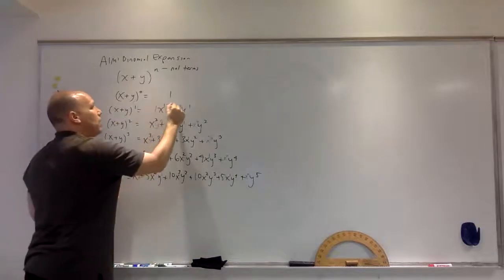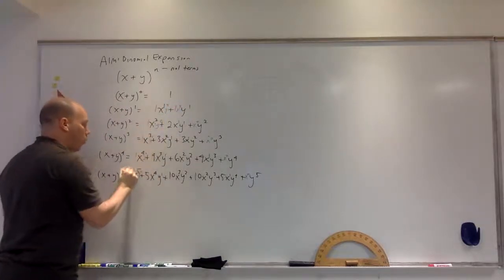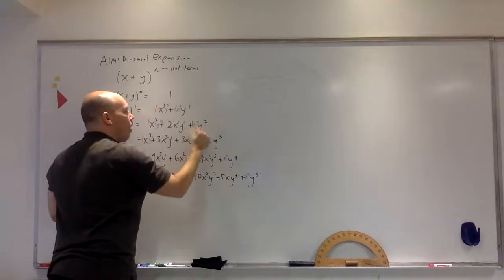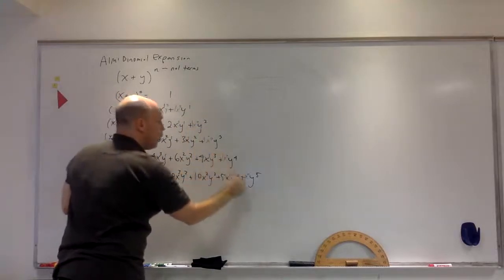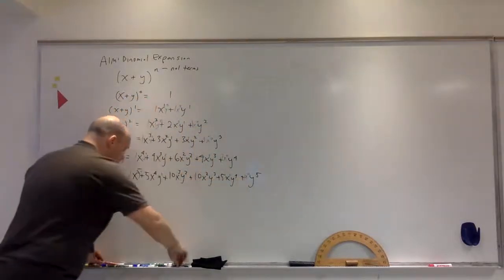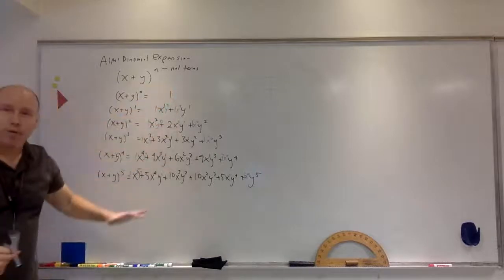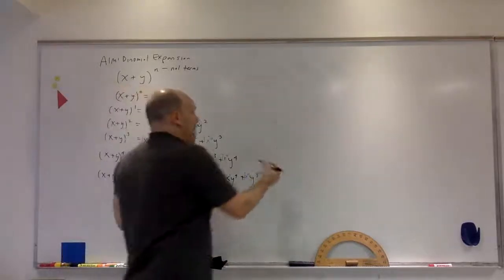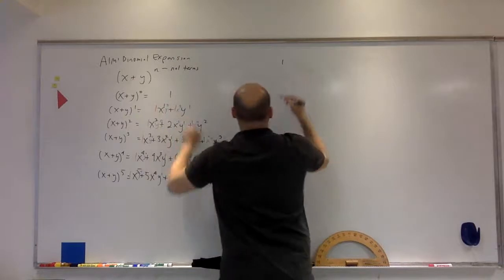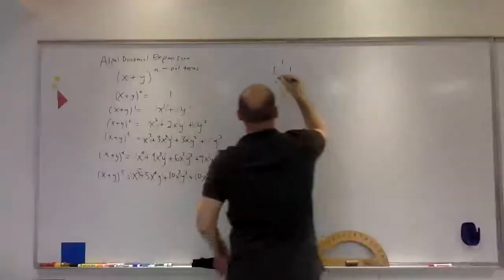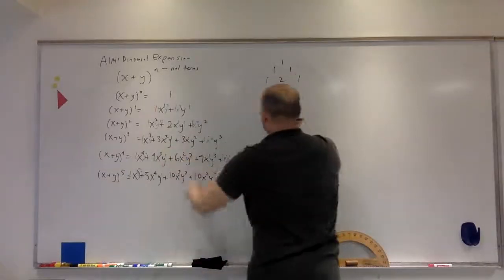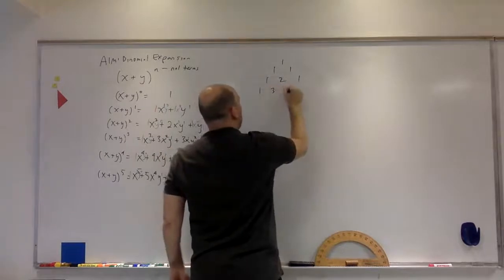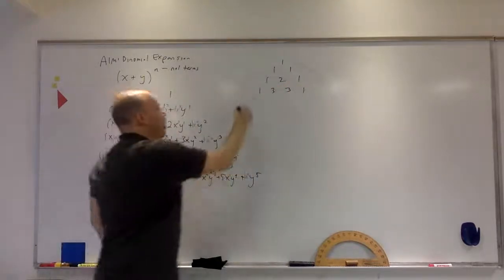There's a secret one here, secret one there, and I take all these coefficients, and it's 1, 1, 1, 1, 2, 1, 1, 3, 3, 1, 1.